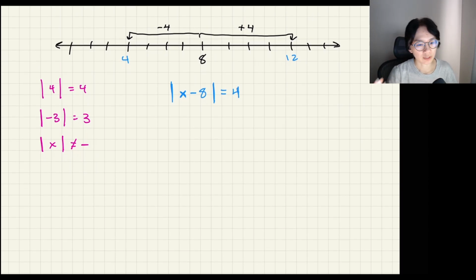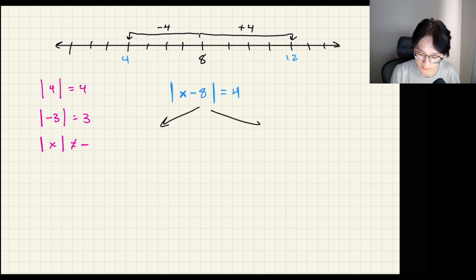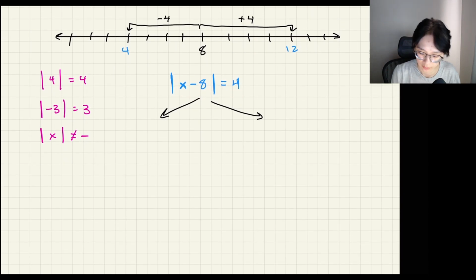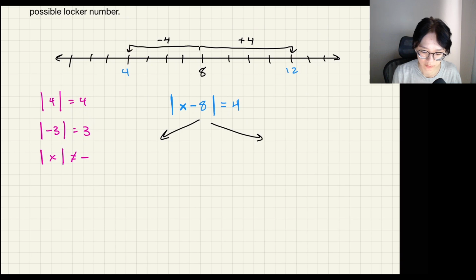Now to solve absolute value equations, normally you split them into 2, right? One positive, one negative. Whatever is inside the absolute value bars is equal to the positive version of what the equation is equal to. And the other equation is whatever is inside the absolute value bars is equal to the negative version of what it's equal to. But if I write this out, you'll see it's the same thing as what we have up here.